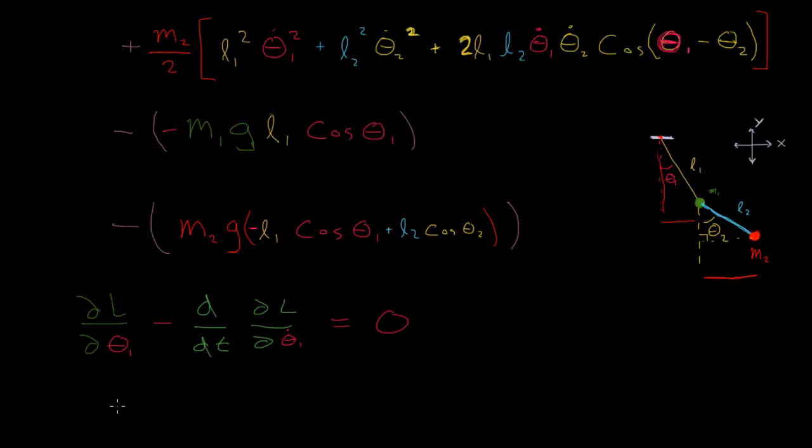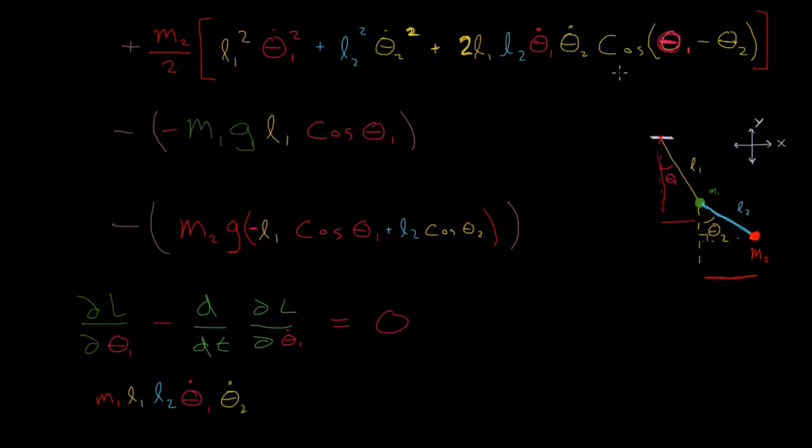So we'll have m1 times L1 times L2, theta 1 dot, theta 2 dot, and then the cosine of theta 1 minus theta 2.